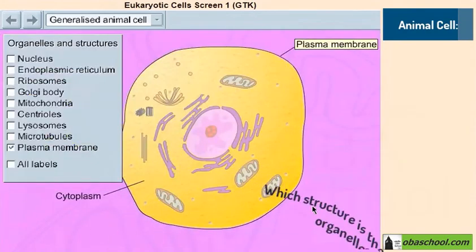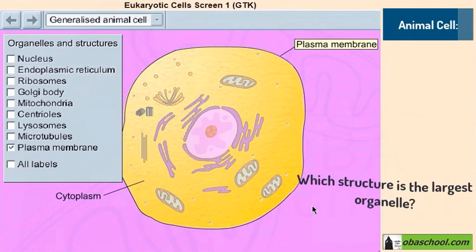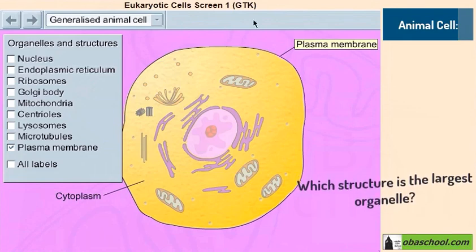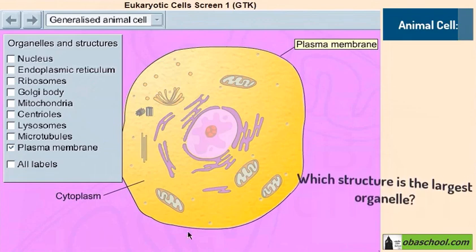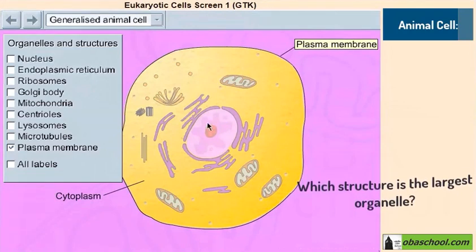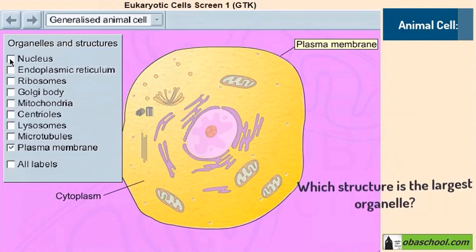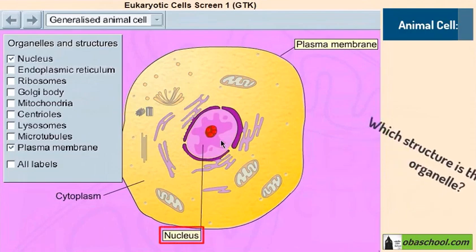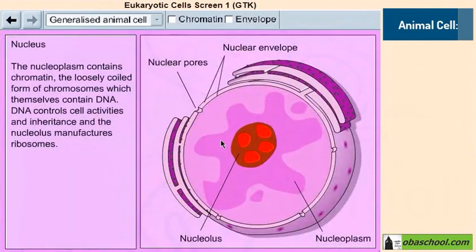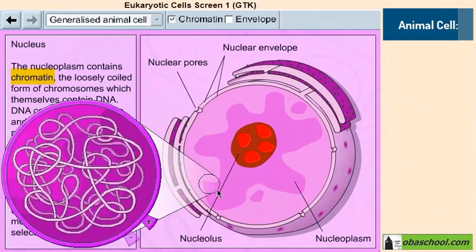Now moving on to the next question. Which structure do you think is the largest organelle? Of course, the nucleus is the largest organelle. The nucleus usually contains chromatin. This is chromatin, as you can see right here. It is a loosely coiled form of chromosomes.